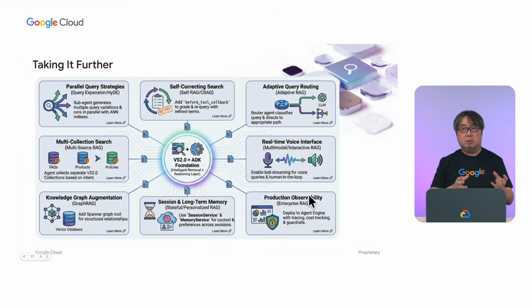Or you could even have multiple different collections of VS2 and let the agent choose the right one. Or you can even combine VS2 with knowledge graph databases. Or you can use the session memory or long-term memory functionality provided with the ADK. And lastly, you can deploy everything into Agent Engine to get production-quality agent ops and observability for the production deployment.